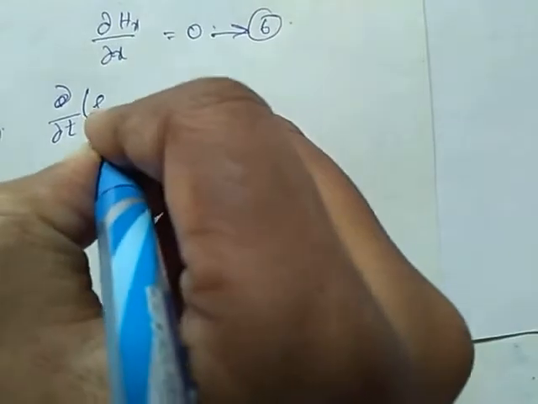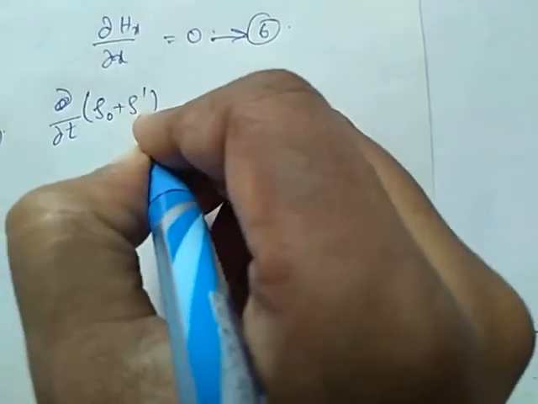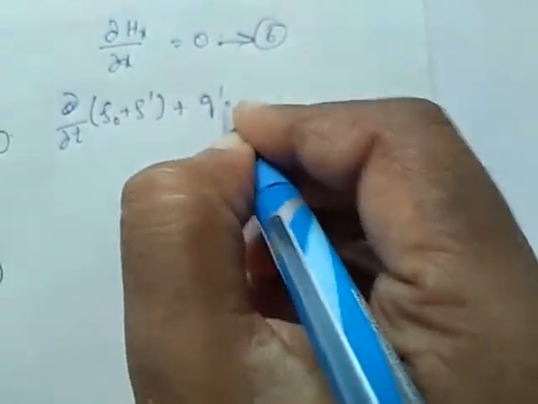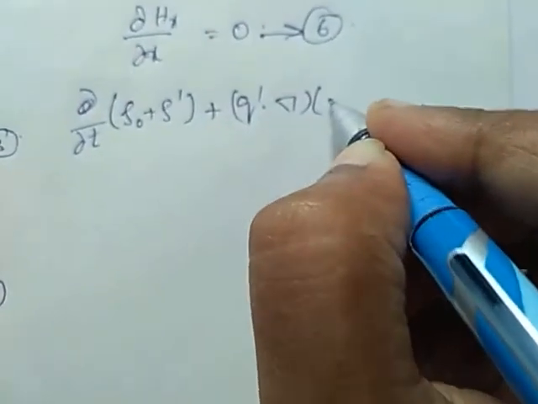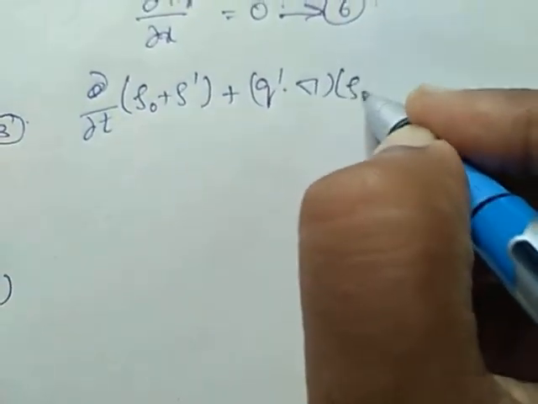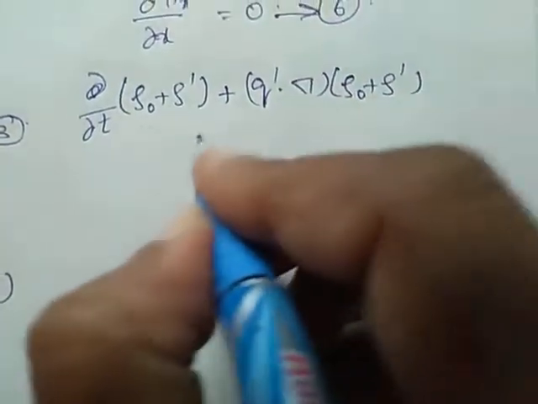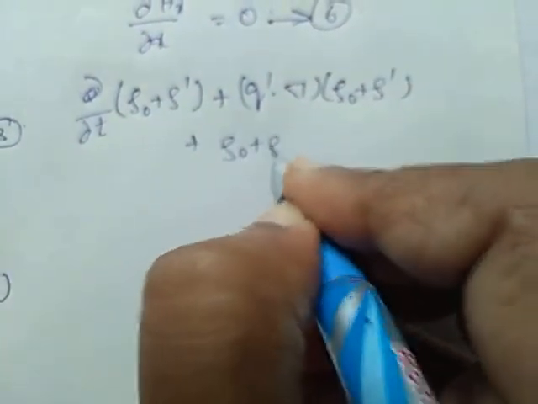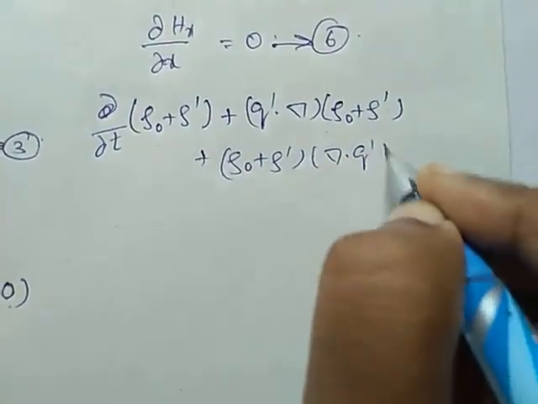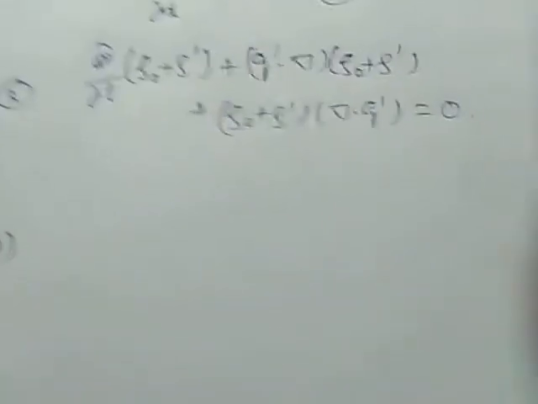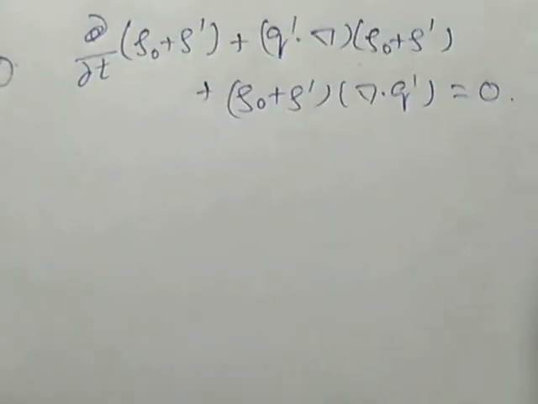So our equation 2 becomes dou by dou t of rho naught plus rho dash, plus q dash dot del of rho naught plus rho dash, plus rho naught plus rho dash times del dot q dash, equal to 0. This is our continuity equation for the perturbed state.